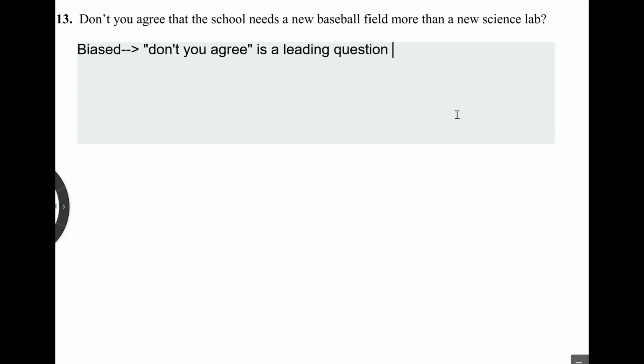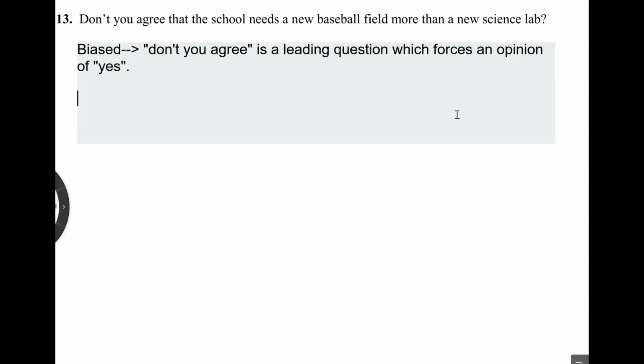What were you saying, Talia? They're forcing an opinion, like influencing. It's like that person really wants it. The question forces an opinion of yes.